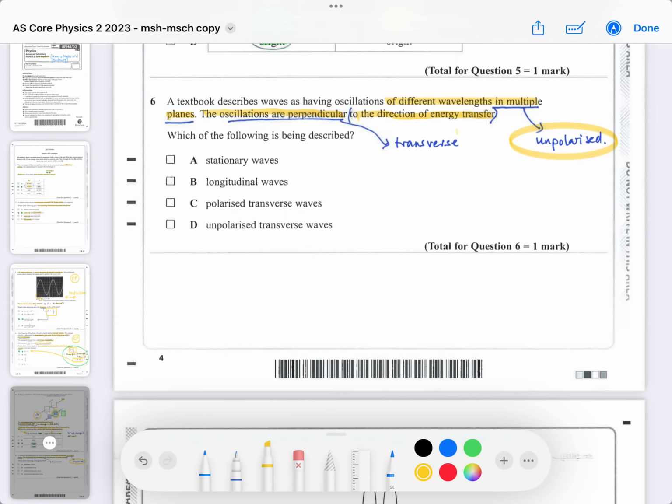So if they're perpendicular to the direction of energy transfer, they must be transverse. So the answer must have transverse and unpolarized. So here's transverse, transverse, unpolarized. Yeah? And all the bits which are not highlighted are not correct. Remember, only transverse waves can be polarized.